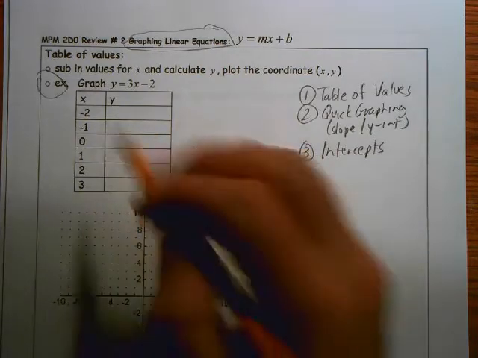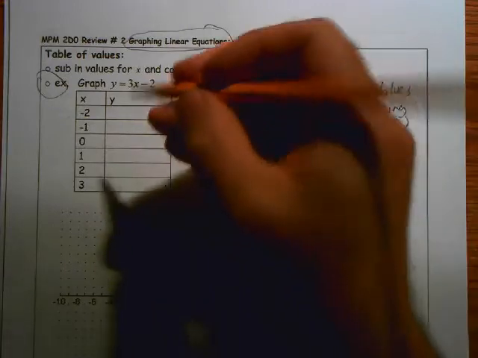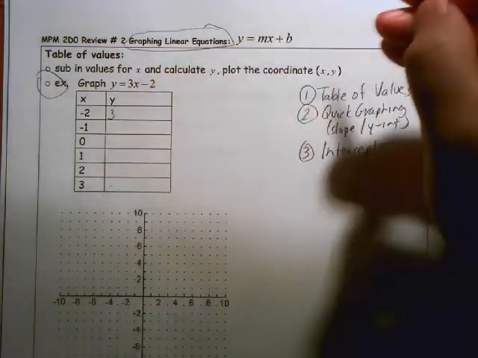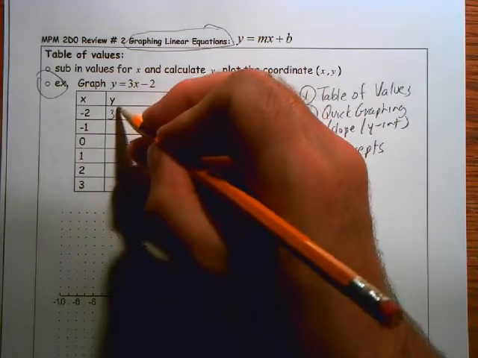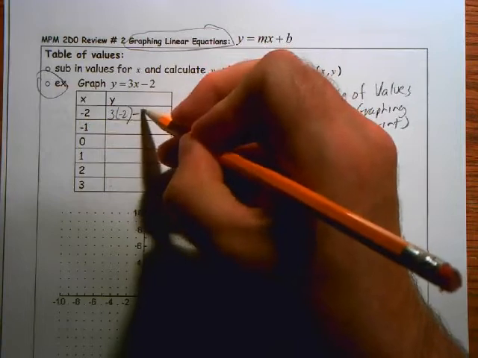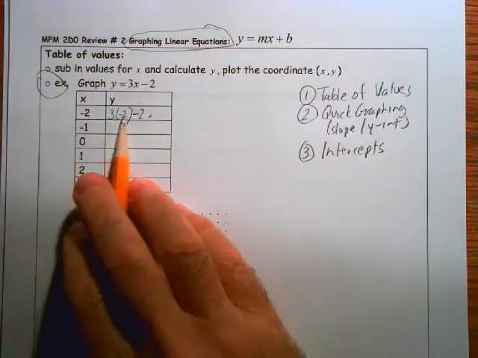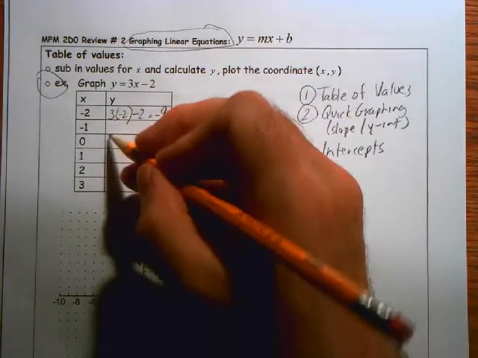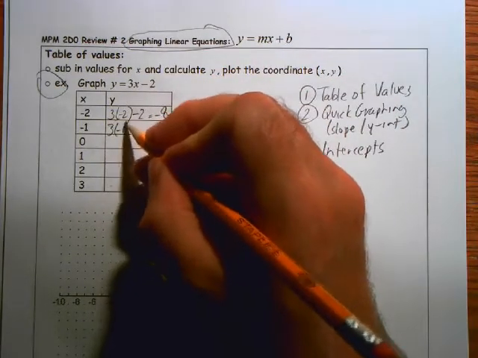I'll just show you the first couple here. We have 3x minus 2, but the x is negative 2. So I replaced the x with negative 2, and then the minus 2 from there. So that's negative 6 minus 2. That's negative 8.